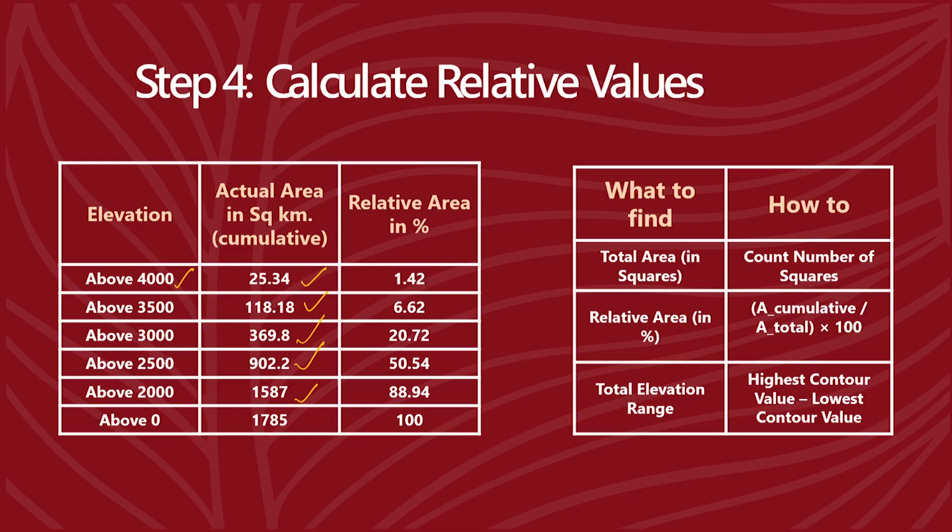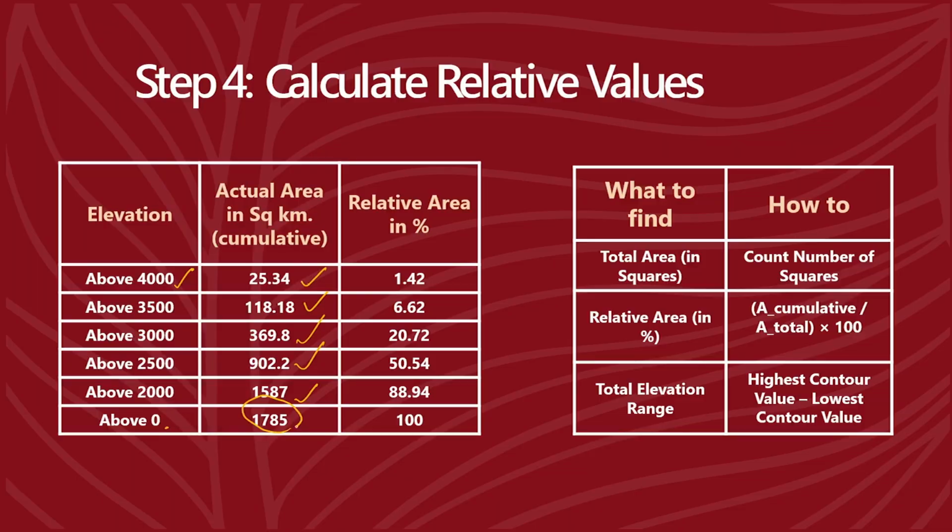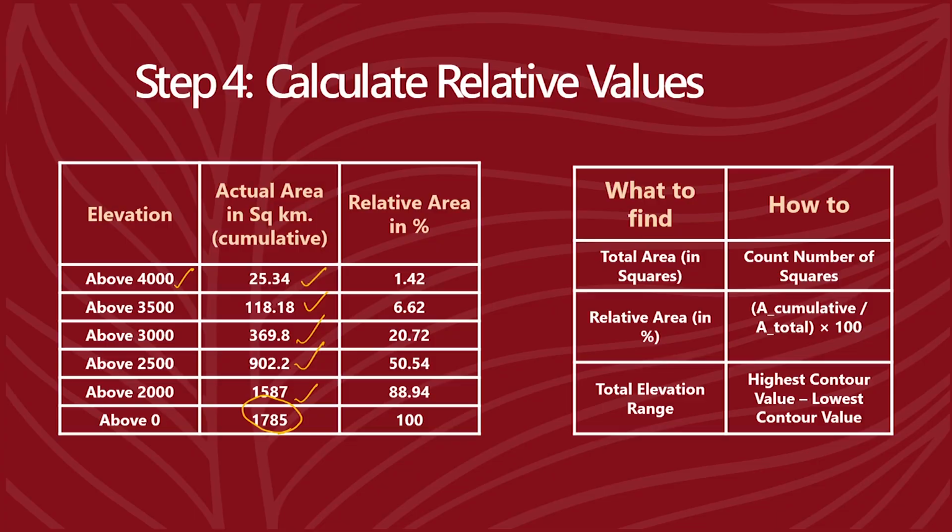And similarly, the lowest value I have is a 0, and hence the total area lies above this given contour value, which is our lowest. So, the total area we have here is 1785 square kilometers.